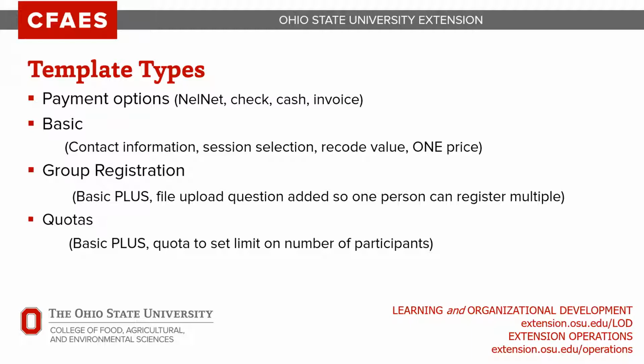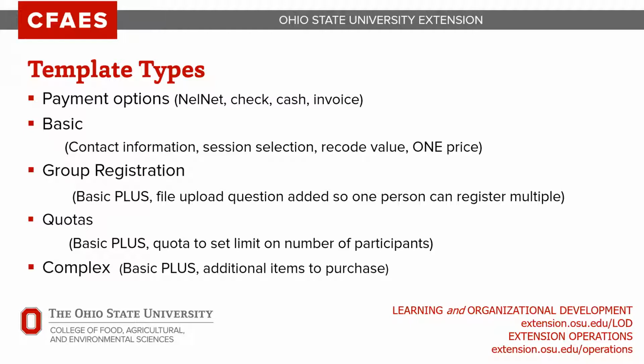You might also have limits on the number of people you can offer to pick a certain item, or say you have a limited quantity of something available, and you need to cut that off after a certain number. That would utilize the quota feature in Qualtrics.